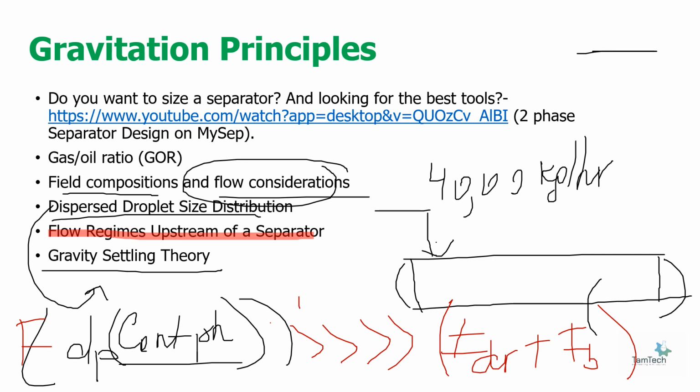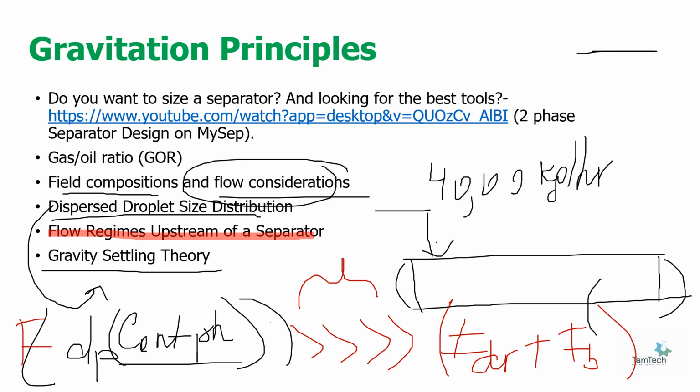But it depends on how many times this is greater than this, or whether it is very close to it. Just a quick reminder: if it's less than, gravitational separation will not happen. But if it's many times greater, the separation will happen easily.